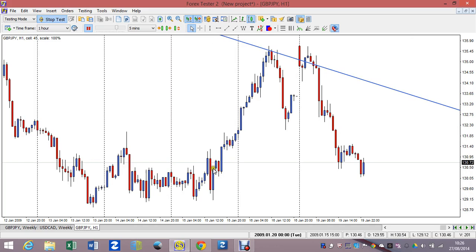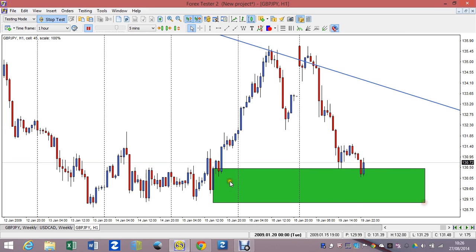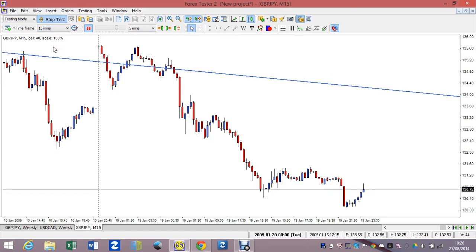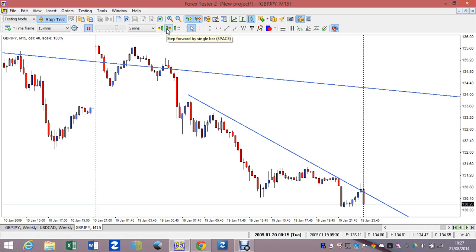Weekly's not looking good at the moment, however, there's this area down here which is really where this up move started, and we're at it at the moment. 15-minute trend line, pretty aggressive. Let's see how it does. So I'm on a 15-minute chart now.